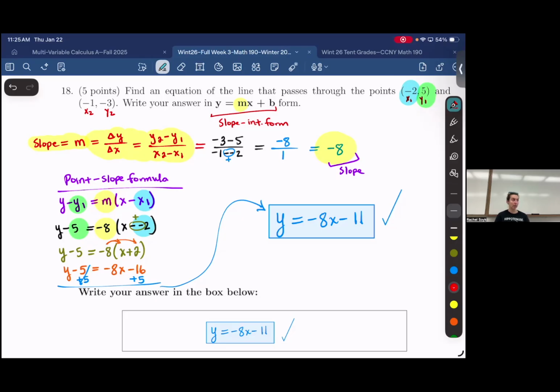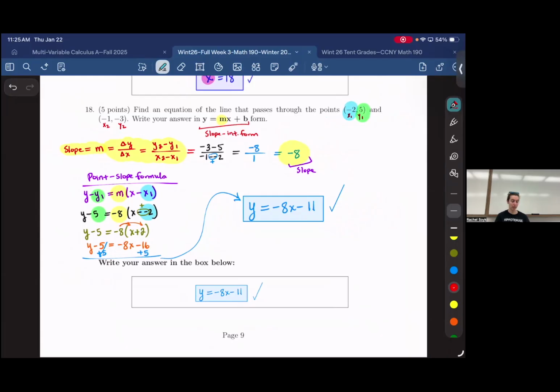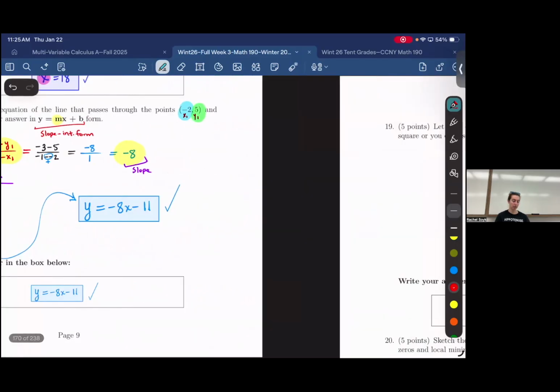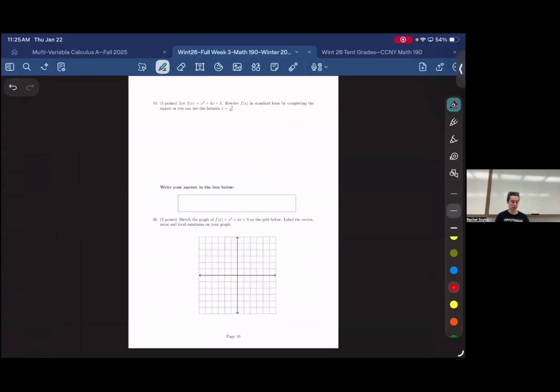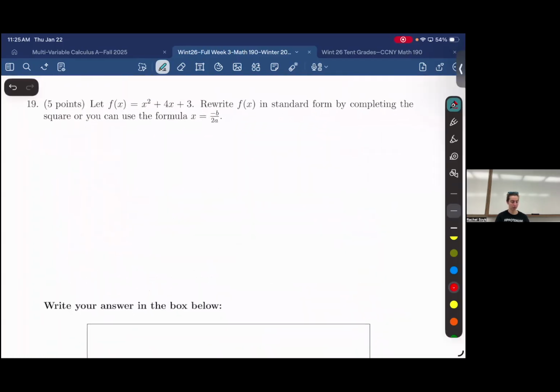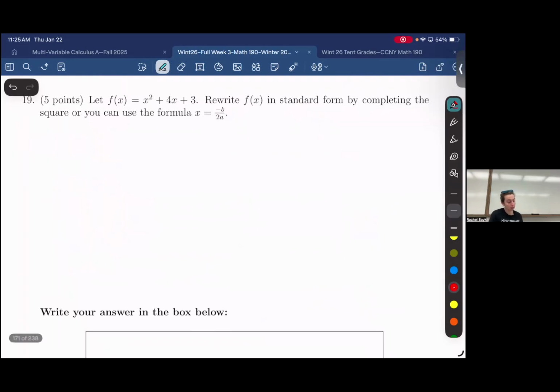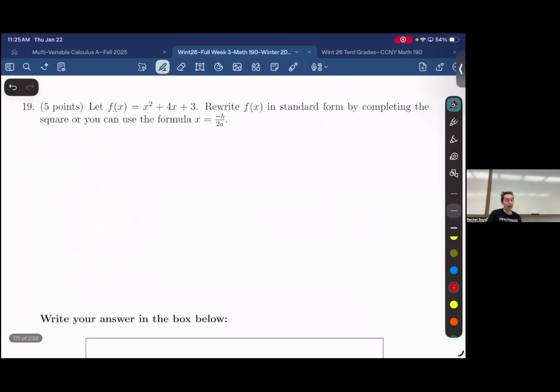Let's go ahead and move on to our page 10, question 19. And this is our last page. Because, yep, last page. Where we're dealing with a completing the square problem. So we have let f of x is equal to x squared plus 4x plus 3.